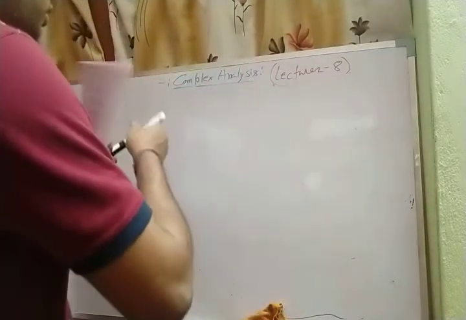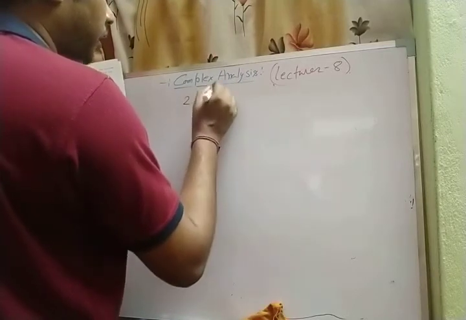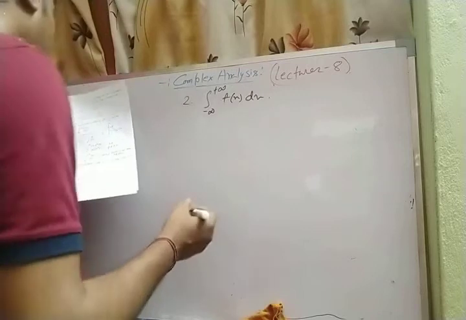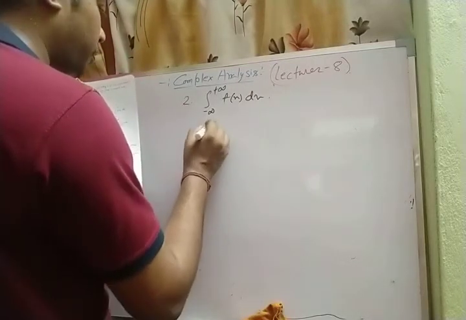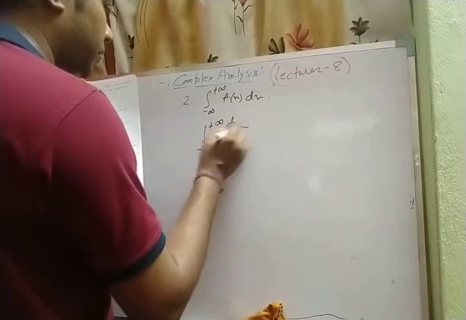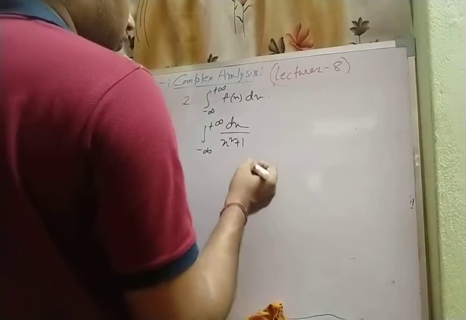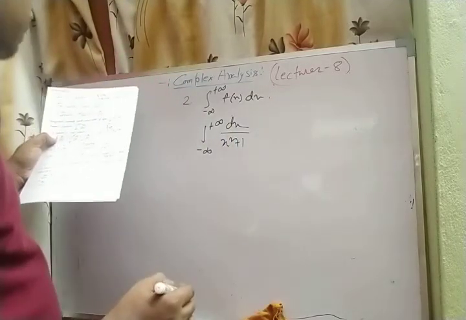Now we are considering the second one, integration minus infinity to plus infinity f of x dx. Let us take an example, integration minus infinity to plus infinity dx by x square plus 1. We have to find the solution for this integration.